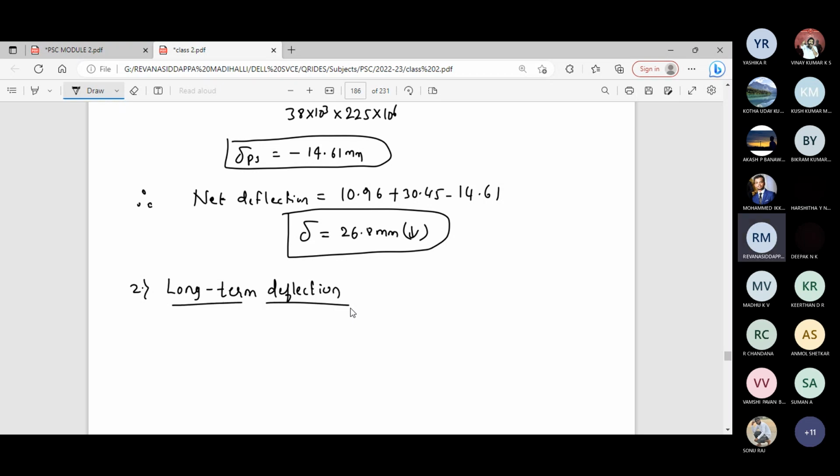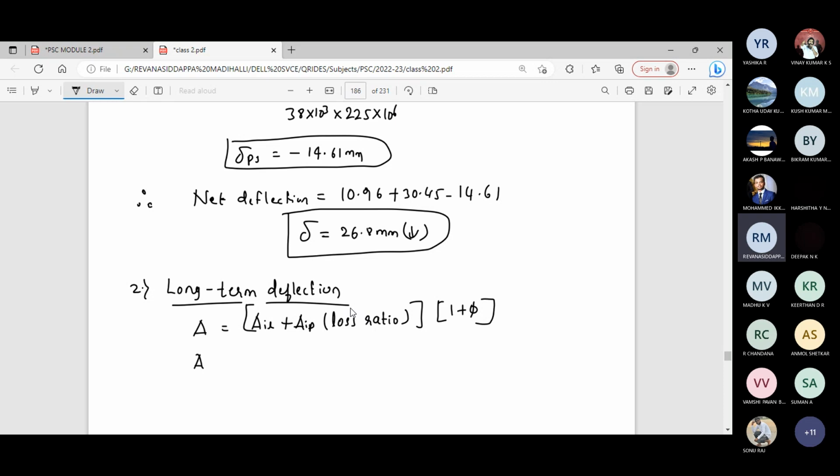We have the formula delta is equal to delta IL plus delta IP into loss ratio into 1 plus pi.